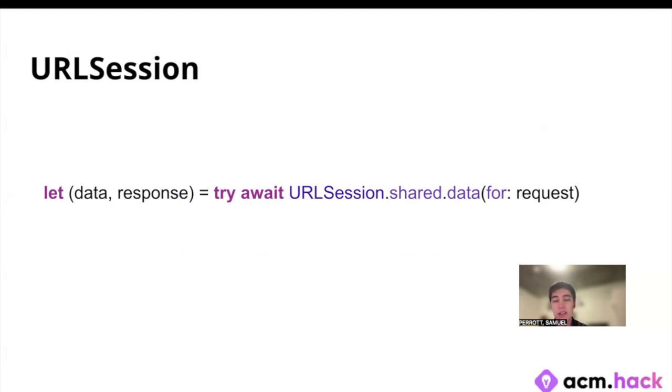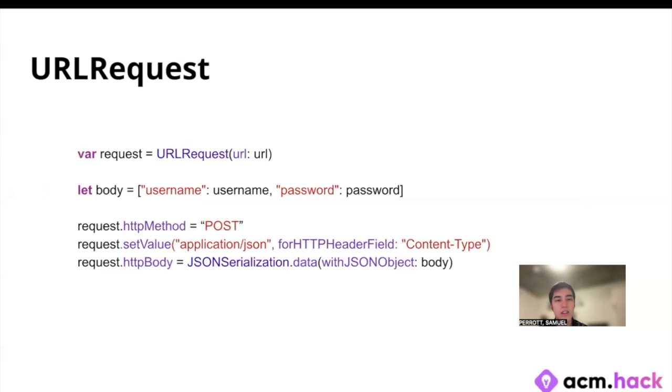You don't know how long it's going to take, but we just initialize the URL session with the request, and then the response status code and also the JSON body data will get passed to you as this tuple, which you can then decode to do whatever you want with.